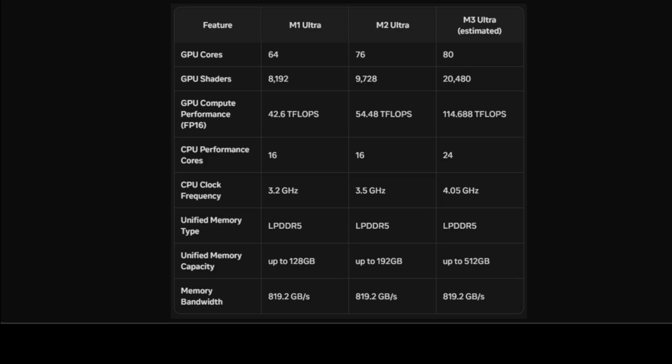Finally, memory bandwidth is a major factor that remains stable in M3 Ultra at approximately 8192 GB per second, which is the same as the earlier generation as far as I could see. But the unified memory allows memory configuration up to a remarkable 512 GB, which maximizes data handling flexibility. And then we have this neural engine, which is a dedicated hardware component designed for AI workloads.